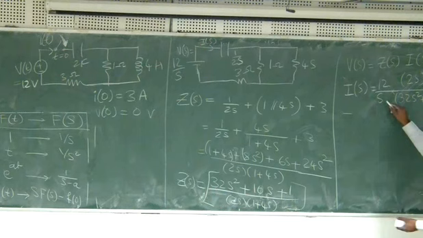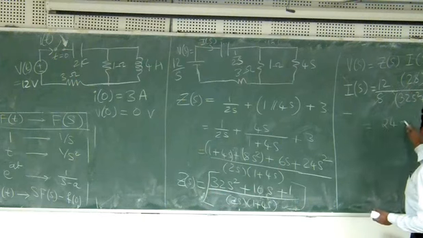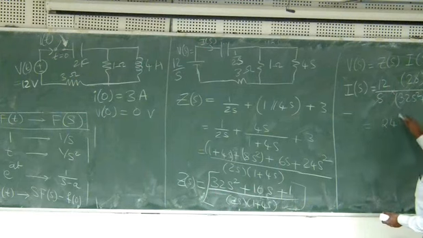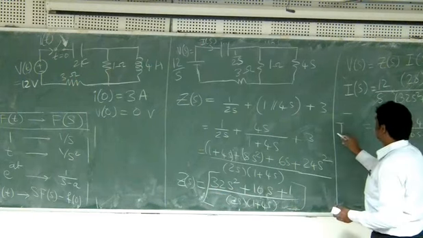I think this S will get cancelled, is that correct? So 2 into this one is 24, plus 24 into 1 plus 4S divided by 32S square plus 10S plus 1. So this is I of S.